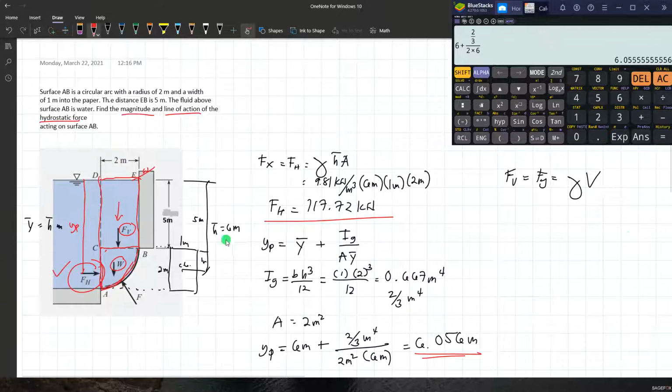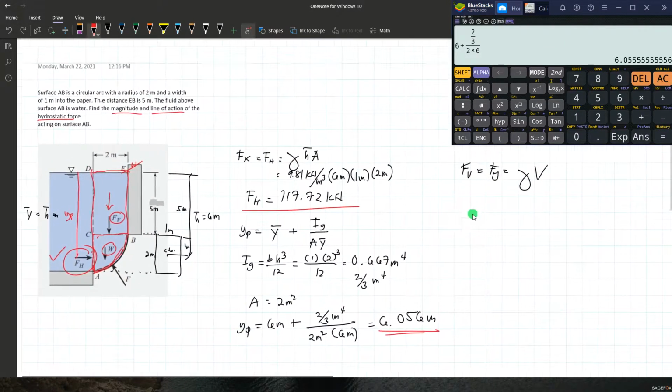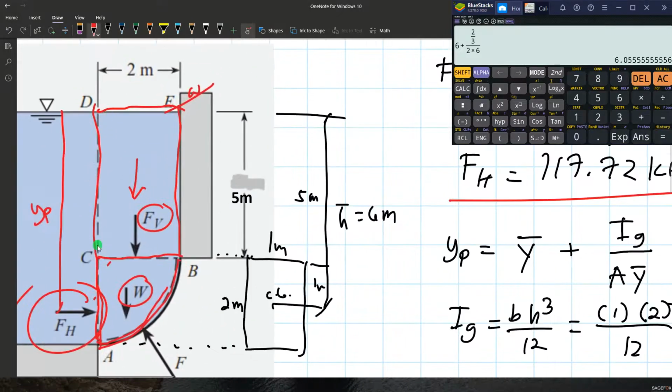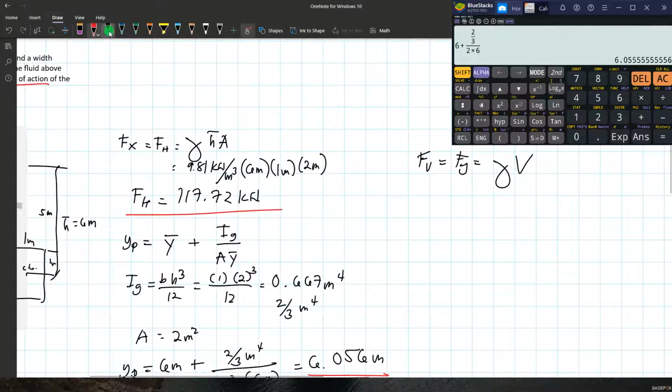So we cannot solve that without solving this separately. Let's say this rectangular shape's equivalent vertical force is Fv, and for this quarter circle it is W. So it means our Fy is the sum of W and Fv.